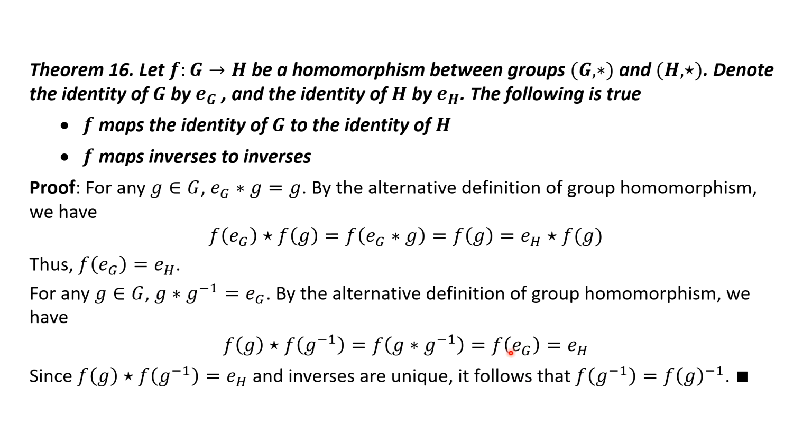And then the fact that f of e_G equals e_H, that's what we proved in the first part. So now we have f of g times f of g inverse equals the identity in H, but inverses are unique. So we have that f maps g inverse to f of g inverse. In other words, inverses are mapped to inverses. So that proves the second part of the theorem.